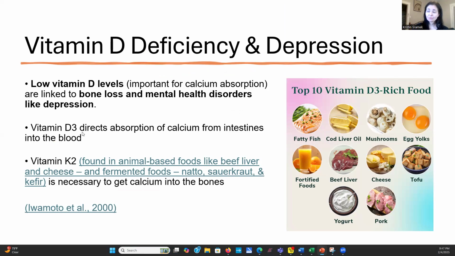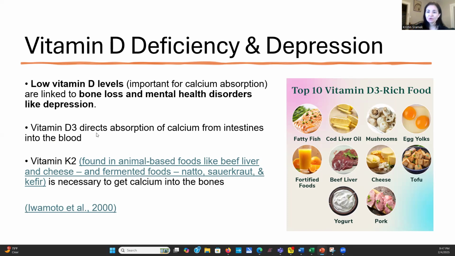So vitamin D causes absorption of calcium within the intestines, or the gastrointestinal tract. What's also interesting, and I thought it was worth mentioning, is that vitamin K2 is necessary to get calcium to the bones. So the D3 helps calcium absorb from your gastrointestinal tract, and then the K2 helps calcium get into the bones.